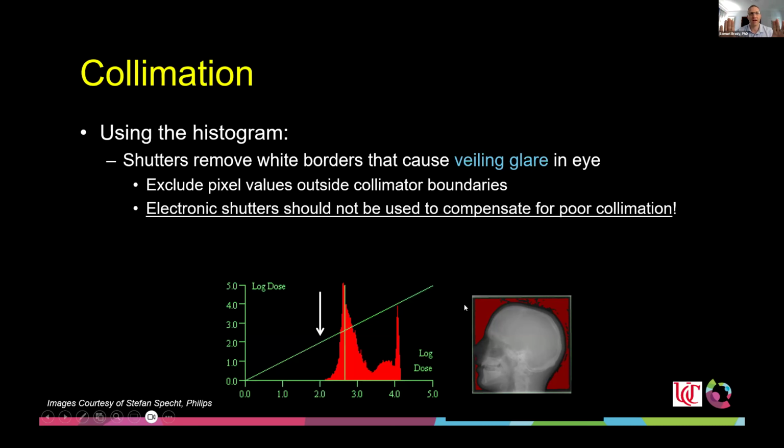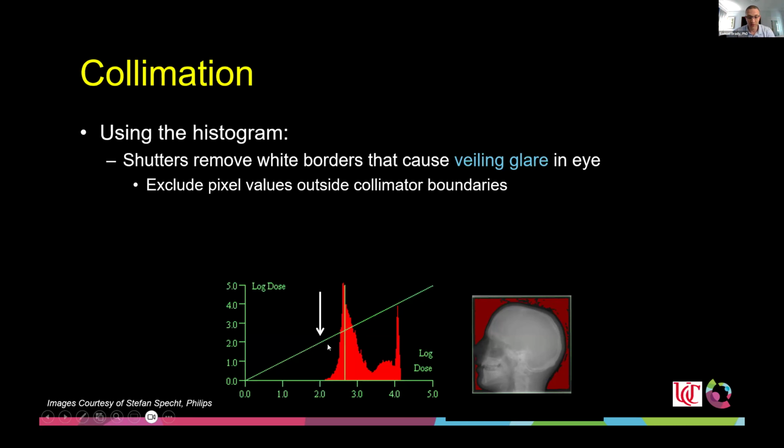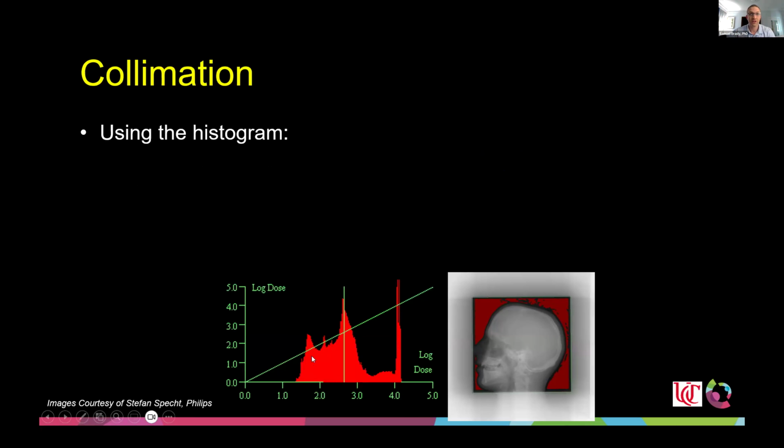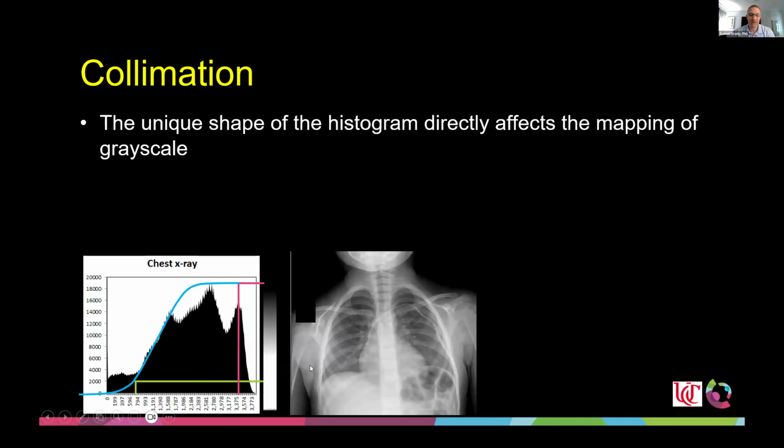Some people, in other words, use the shutters to cone in after the fact, so the radiologist only sees the lateral skull, but the reality is the whole part of the body was exposed. The problem with that is that this histogram does not change, and so the image quality is compromised.